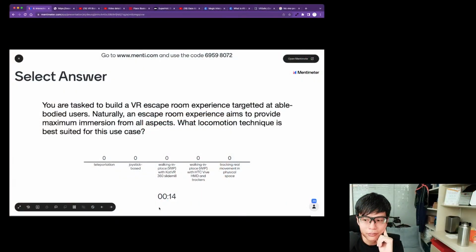So VR should also aim at the same goals. Oh, sorry. Never change screen. Okay. Thanks, Clarence. What locomotion technique is best suited for this use case?